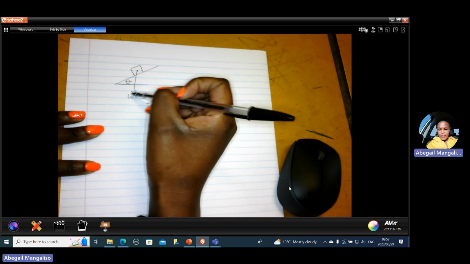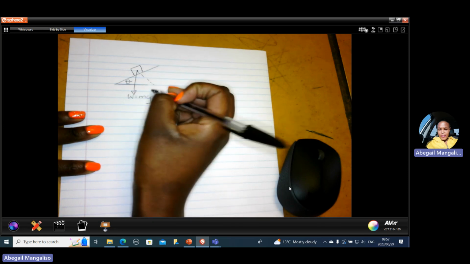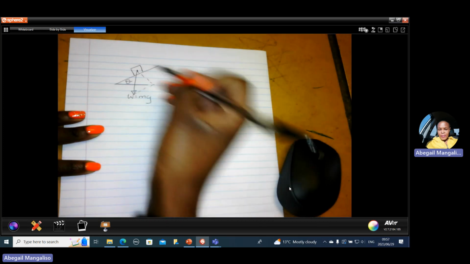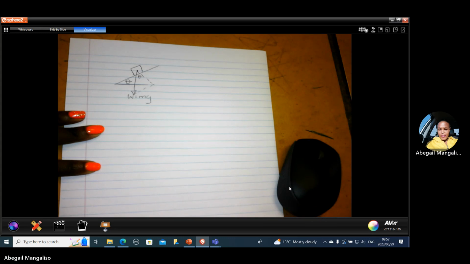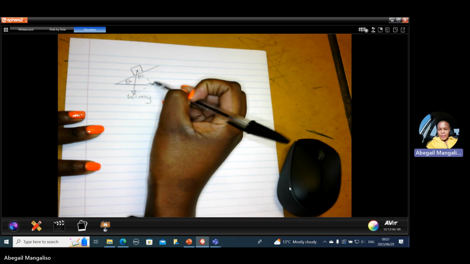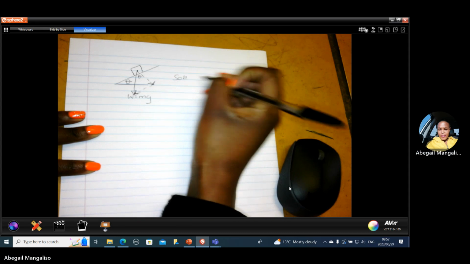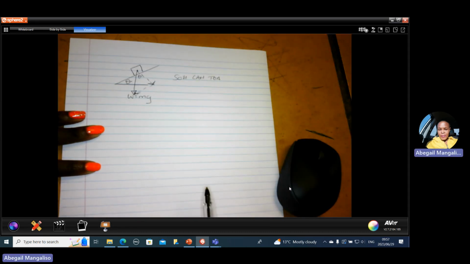Now, if it is inclined, we need to resolve it into this component and this component, horizontal and vertical. This angle here is equal to this angle there. So we use SOHCAHTOA to name these components. One component is perpendicular, the other component is parallel.